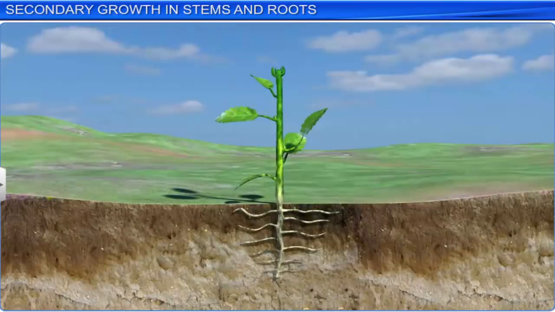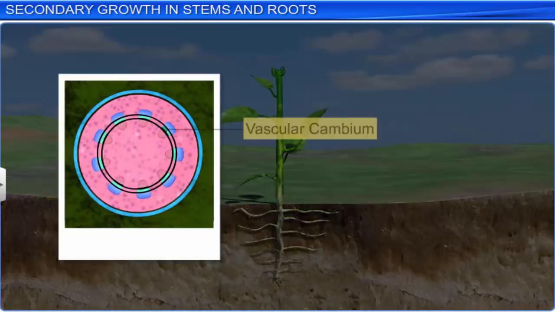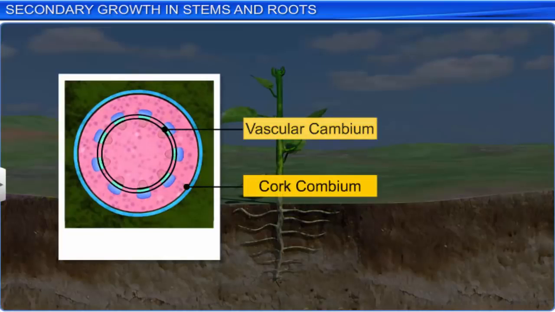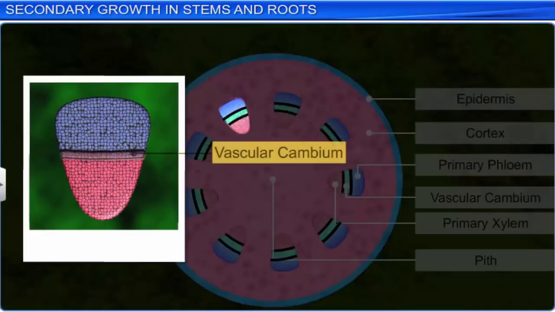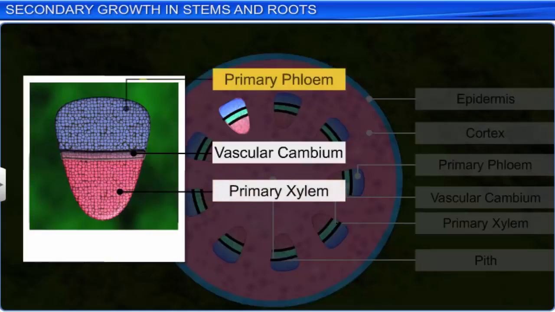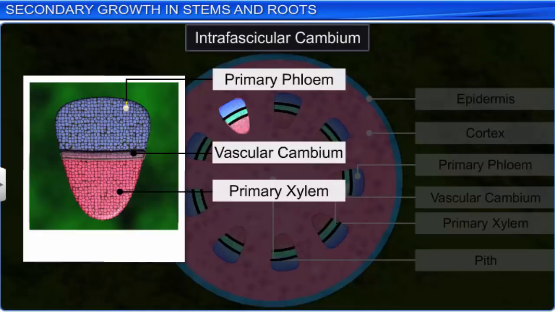In the stem, secondary growth takes place due to the activity of secondary meristems such as the Vascular Cambium and Cork Cambium. The Vascular Cambium, located between the primary xylem and primary phloem of a vascular bundle, is also known as the Intrafascicular Cambium.